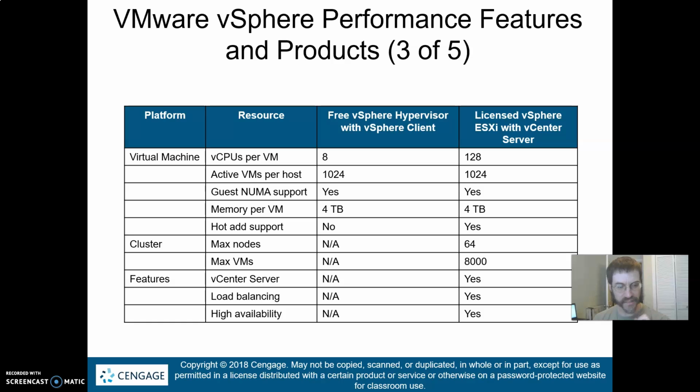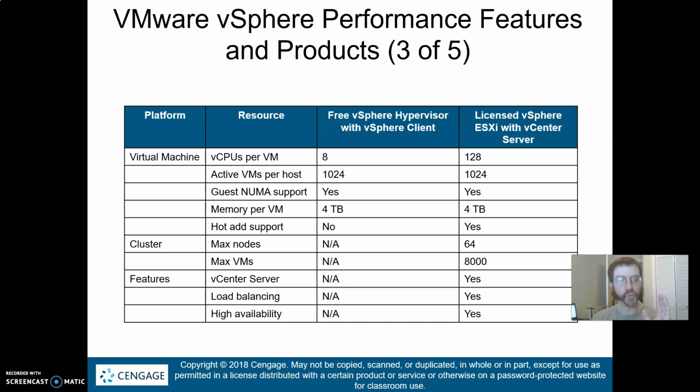The free version of this does not support clustering, does not support vCenter Server, does not support load balancing, does not support high availability. You need vCenter Server to manage that load balancing, to manage high availability, DRS, vMotion, storage vMotion, the lot of it.